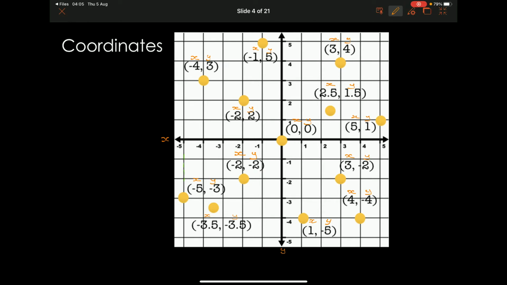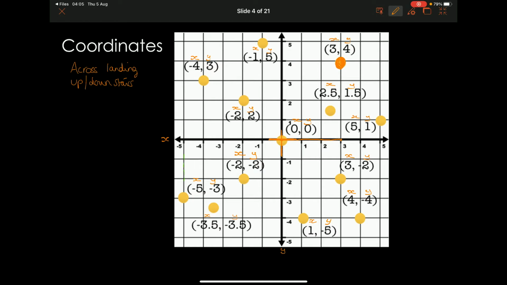Okay, so let's just start labelling a few points then. First of all, let's label this point up here. What you need to remember is that we have to go across the landing to write down your x coordinate, and then up or down the stairs to write your y coordinate. So we start at 0, 0, and we go all the way to the line where the point is sitting.